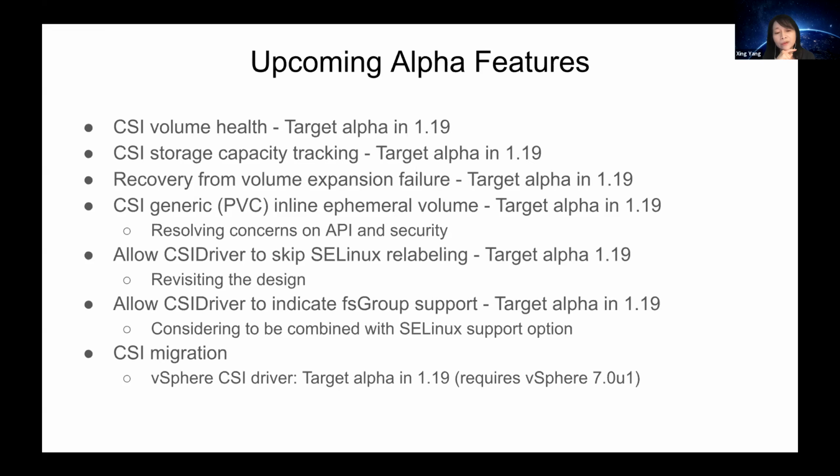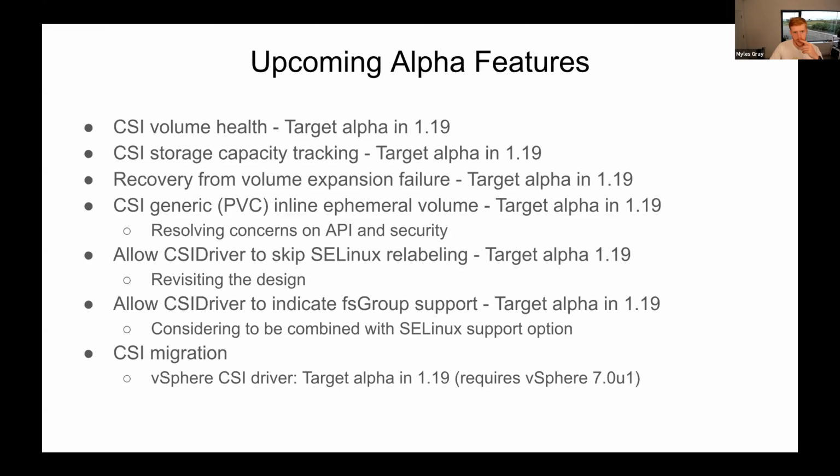If you are at a version before that, this solution will not work. So right now we are looking at whether there are other migration solutions if customers cannot upgrade to 7.0, because the plan is that in the 1.20 release the in-tree driver will be removed.